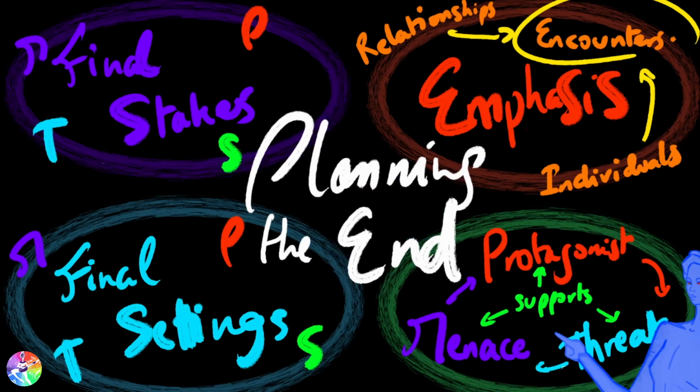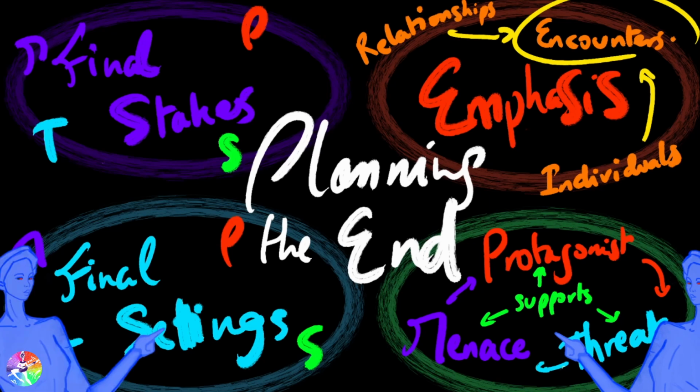Now, where does that happen? In chapter 8, you can present what will be your final setting, singular. Or you can choose to have a suite of final settings, plural.